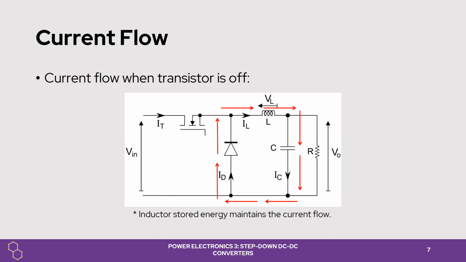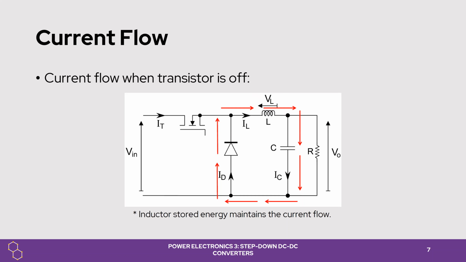So when the transistor is off, in other words, when the switch is open, it will not be possible to get energy pulses from the outside power source, because the switch is open. However, the energy stored by the inductor here will keep the current flow consistent during the operation time.